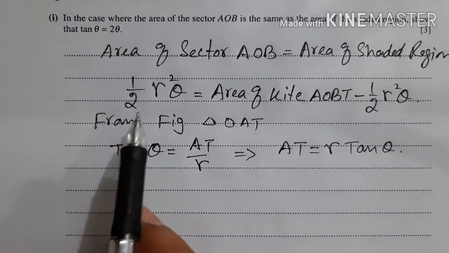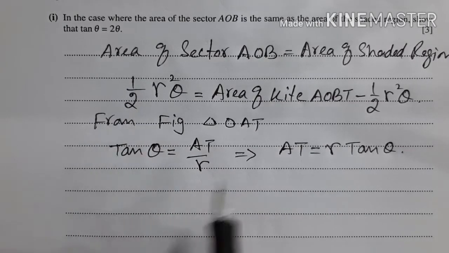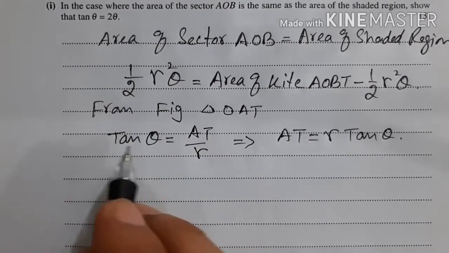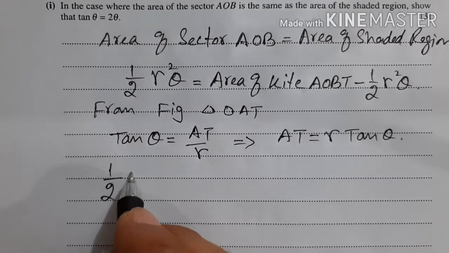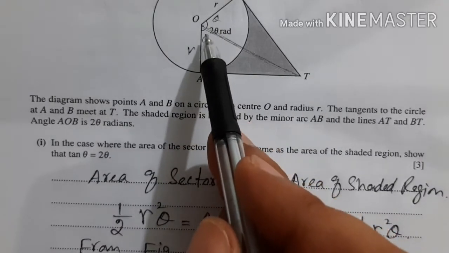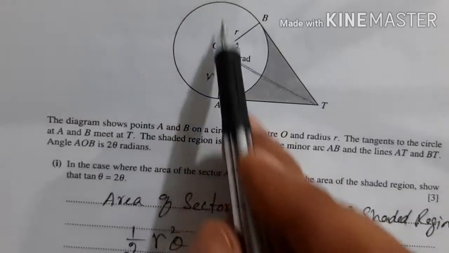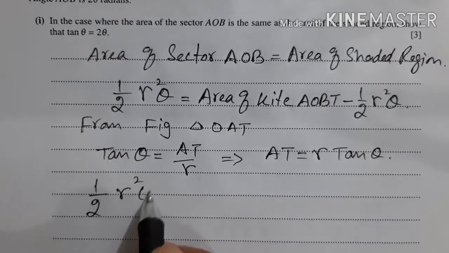Now, what is the area of the sector? 1 by 2, put the values: r squared means r squared, and theta is 2 theta because the sector angle is 2 theta, so I put 2 theta instead of theta.